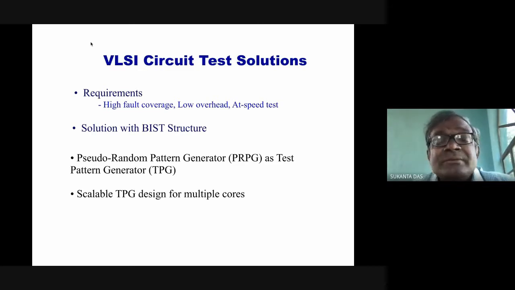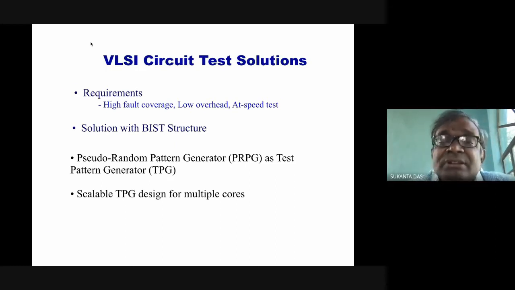We want to design some circuit whose area overhead is very less, whose overall cost of designing the circuit is very less, and especially for the design of BIST structure. BIST is built-in self-test structure. Cellular automata become very popular. Up to this part, we have discussed in the last class, and we have said that a pseudo-random pattern generator (PRPG) can act as a test pattern generator.